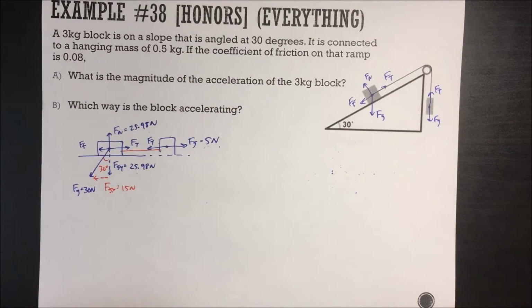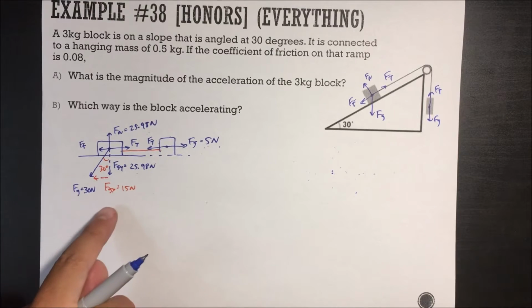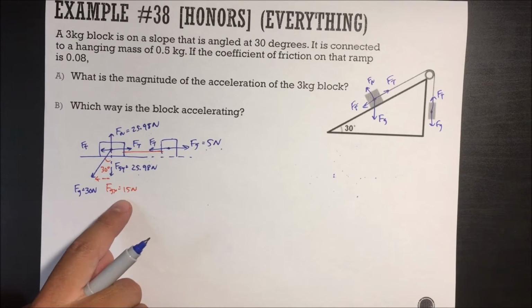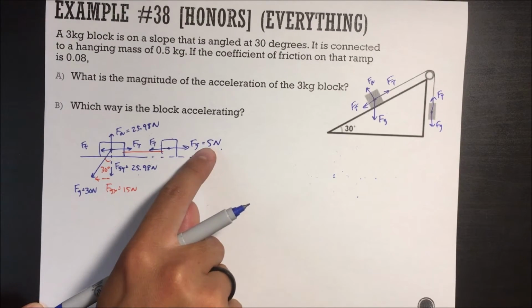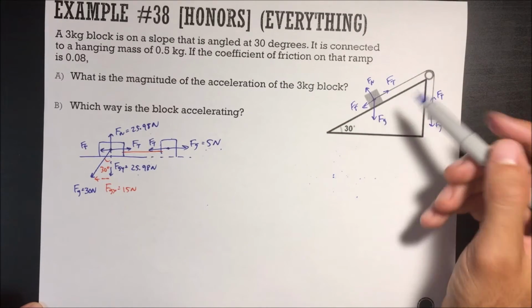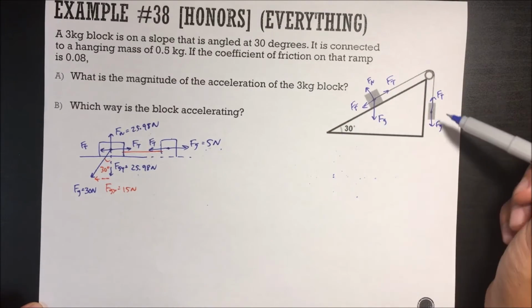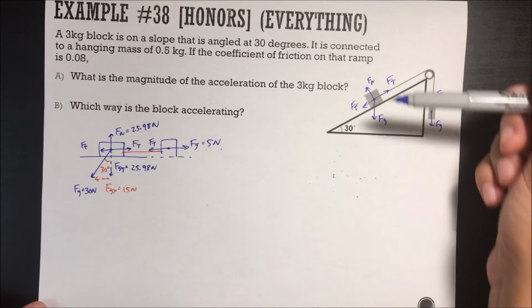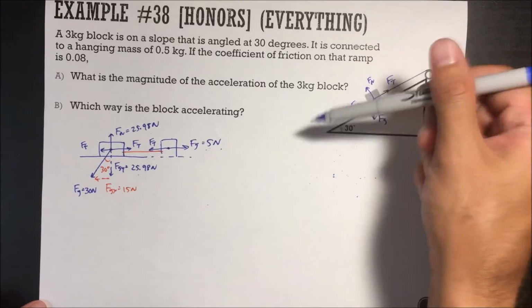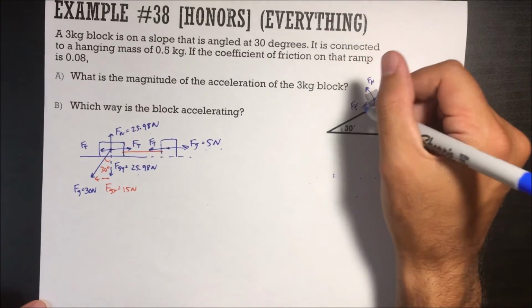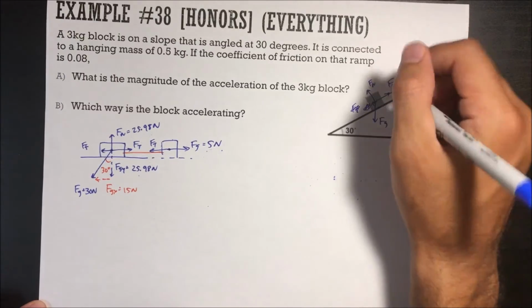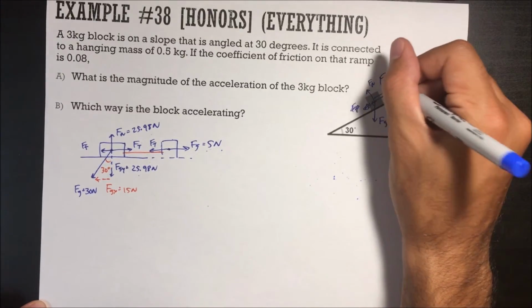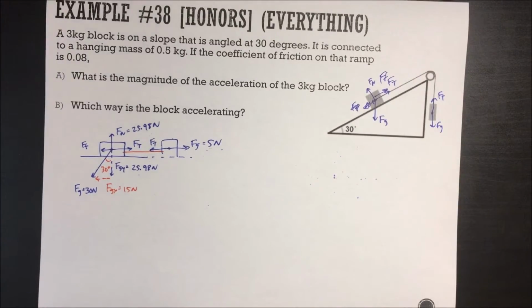Okay, so this gets a little bit tricky actually. So we see that the force of gravity in the x is 15, and the force of gravity here is 5. So that means there's more force pulling this down than it's pulling going this way. So this block is actually going to want to slide this way. And if this block is sliding this way, what that means is the force of friction is going to go that way. Okay? So I drew this force of friction wrong.